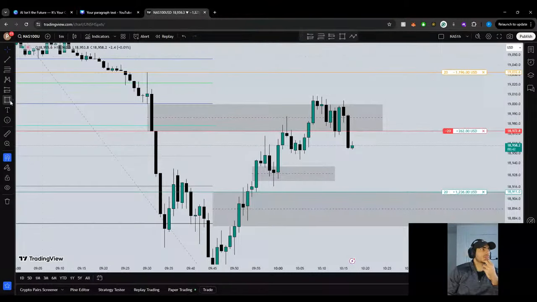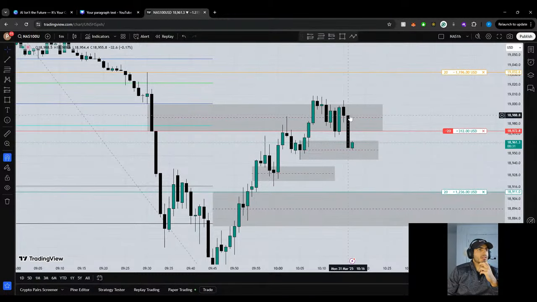Let's see if we could. So that was the 50, the consequent encroachment, like ICT says, of the order block.